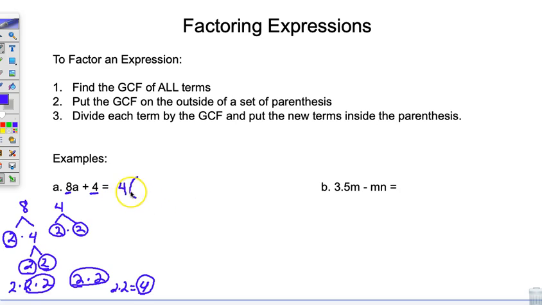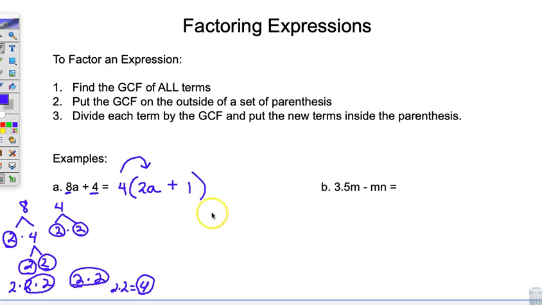So 4 times what is equal to that 8? That would be a 2. And because I have the a right next to it, I need to include that. So in other words, if we think about what we did with distributive property and I multiply these two, I get that 8a. So far I'm doing well. I'm going to leave the addition sign, and then I'm going to ask myself 4 times what number is equal to 4? That would be a 1.